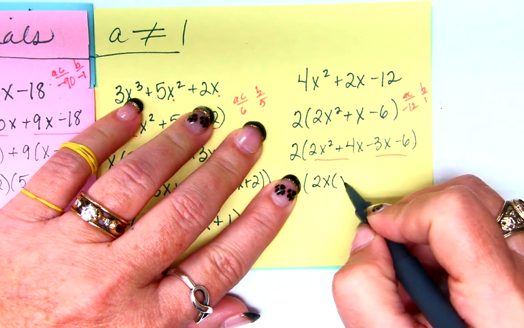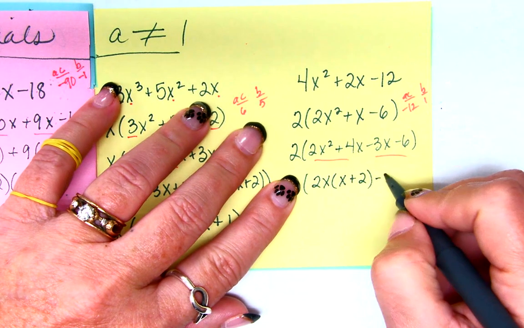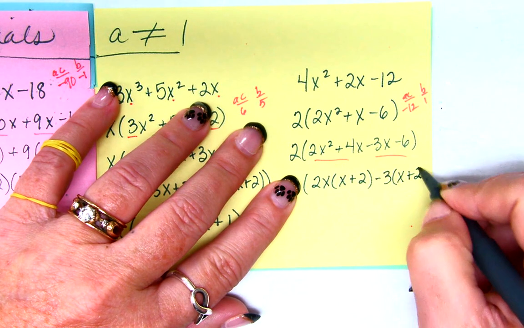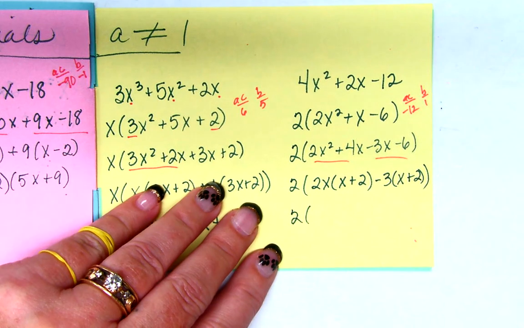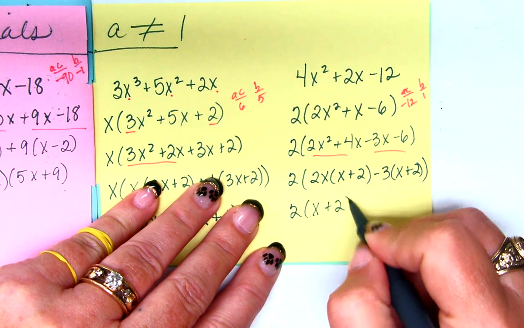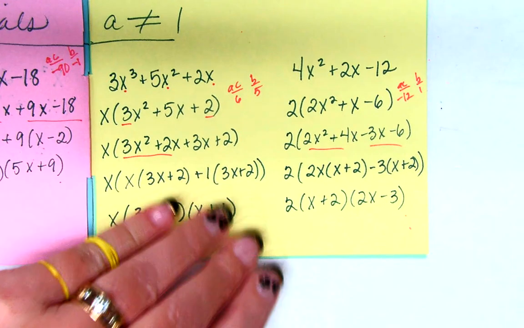What's left? X plus 2. And then what's common here? Negative 3. Good. X plus 2 is what's left. And if I have the 2, what's common? X plus 2, and what's left? 2x minus 3.